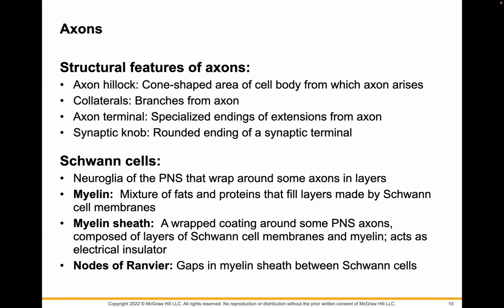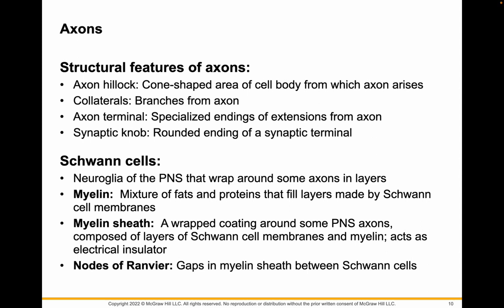Sorry, I just misspoke. Let me correct myself. The axon hillock is where the soma dips down and becomes the axon. Collaterals are branches from the axon. The axon terminal, we've used that term before with our muscle unit, because these are extensions from the axon where we're going to find the synaptic knobs, these rounded endings in the synaptic terminals, and that's where we have those neurotransmitters.